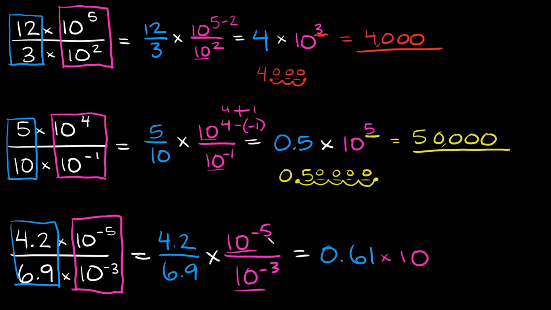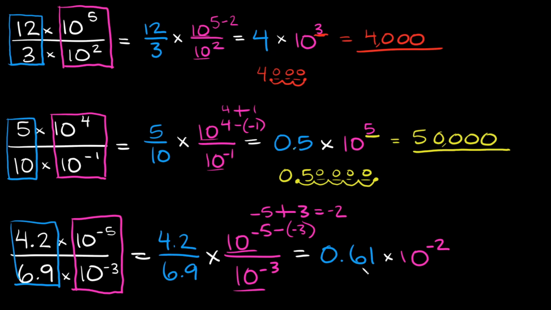And then we're going to subtract the exponents. Okay, so we're going to have negative 5 minus the bottom one, which is negative 3. So negative 5 minus negative 3, that's the same thing as negative 5 plus 3. And negative 5 plus 3 is equal to negative 2. Okay, so we're going to have a negative 2 right there.